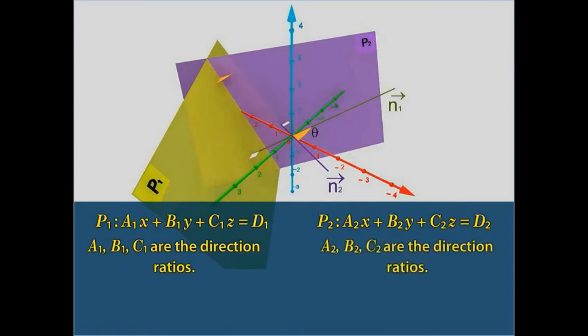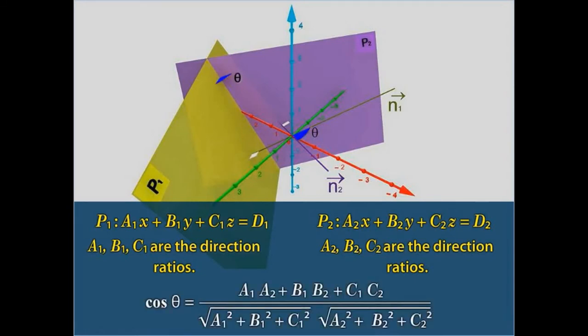Here, capital A2, capital B2 and capital C2 are the direction ratios of the normal to the plane P2. The angle between the two planes is given by cos theta equals capital A1 A2 plus capital B1 B2 plus capital C1 C2 by square root of capital A1 square plus capital B1 square plus capital C1 square into square root of capital A2 square plus capital B2 square plus capital C2 square.